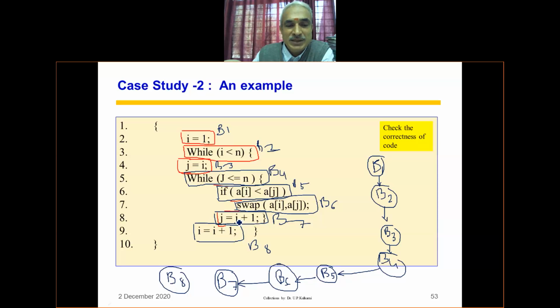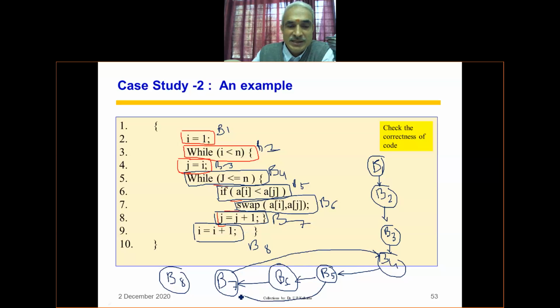B7, you get to B4, am I right? Look at the for loop. You get to B4. Then the if statement is there, this is executed. When B5 to B6, the if statement is there, and it executes. If this fails, it comes to B7 directly.